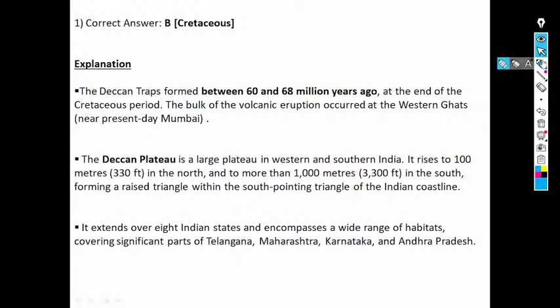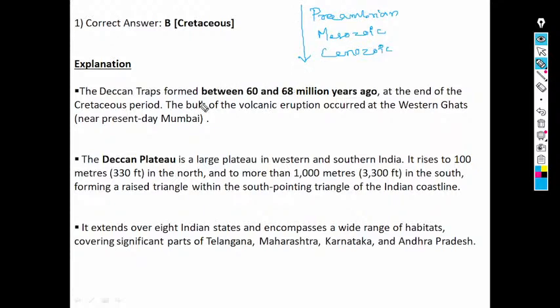As we know, the world's geological time is segregated into 3 eras basically: Precambrian, Mesozoic, and Cenozoic.